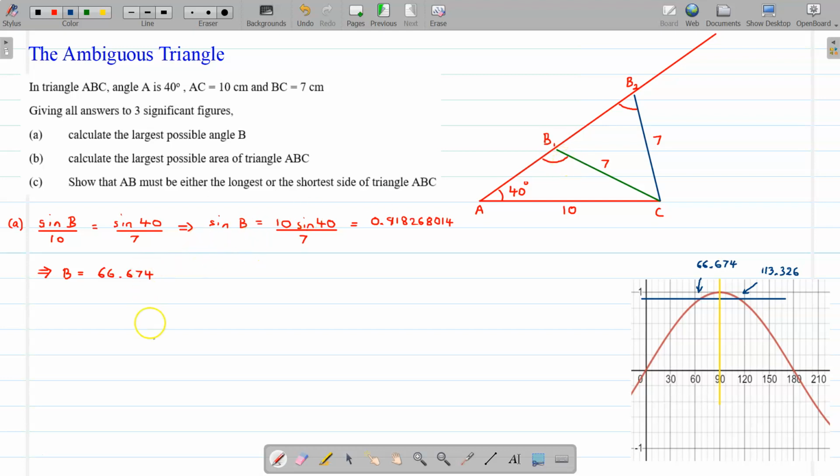So the largest angle, because it says calculate the largest possible angle B, is B1 in fact.